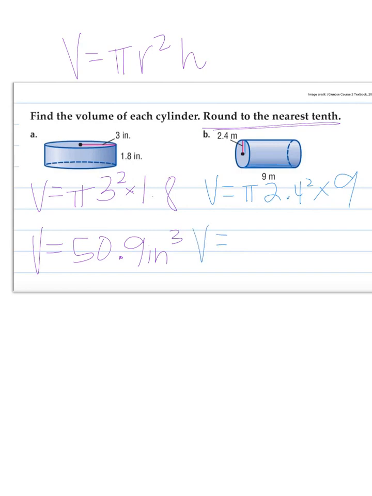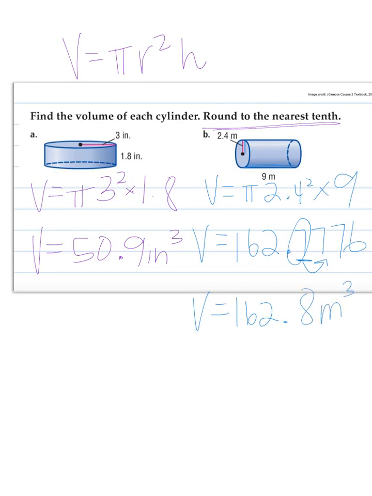And again, round to the nearest tenth, first spot after the decimal. So I got this. We're looking around here, so we look to the number to the right of it. 5 or more raise the score, so this 7 raises to an 8 meters cubed.